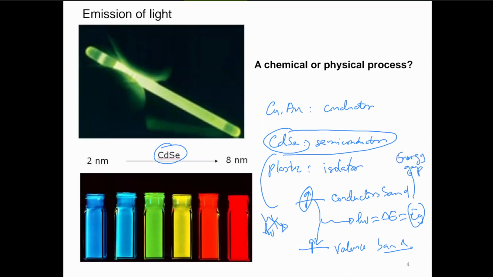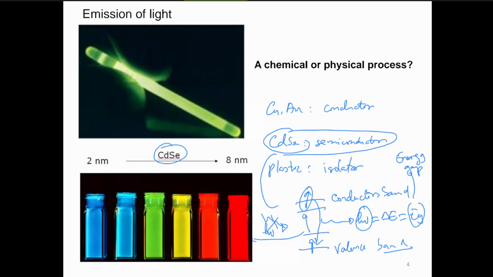Okay, so with different values of the gap, the energy of the photon emitted will be different. That explains why when you change the size of CdSe, it will change the emission. You will see different colors from blue to red, because you tune the band gap.